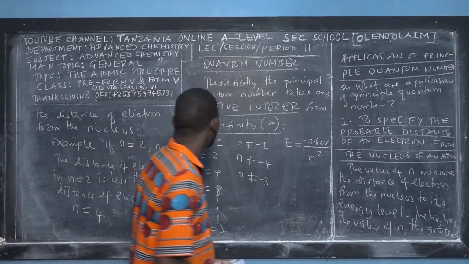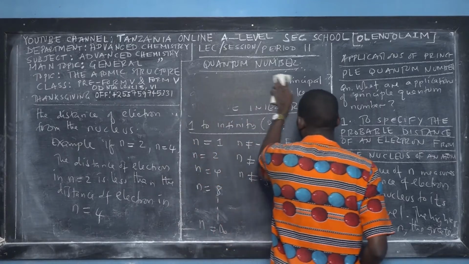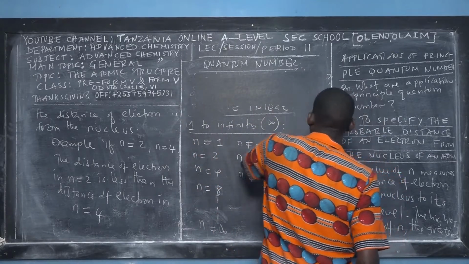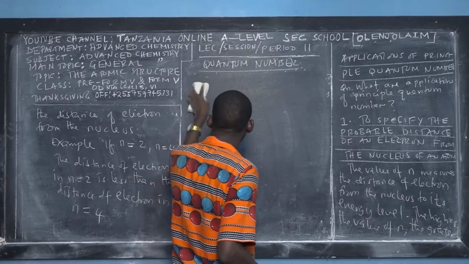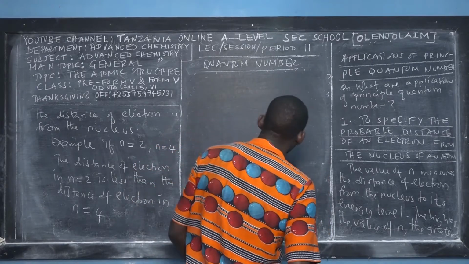And this is true because I told you that these principal quantum numbers are different energy levels in one shell of an atom.